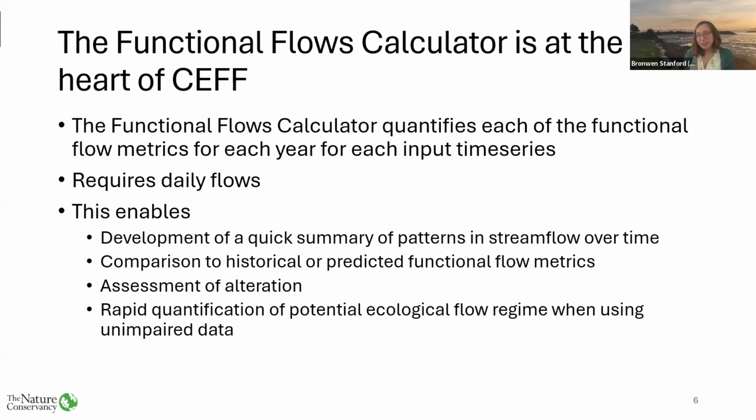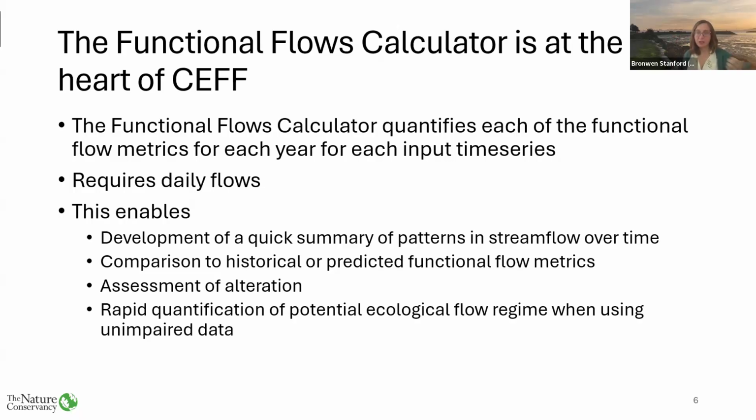It uses daily flows to make these calculations, and having these consistently quantified metrics following this really standard process is at the heart of what supports the CEFF overall as this structured, consistent process. So having the functional flows calculator and these calculated metrics enables the development of a quick summary of patterns in stream flow over time.